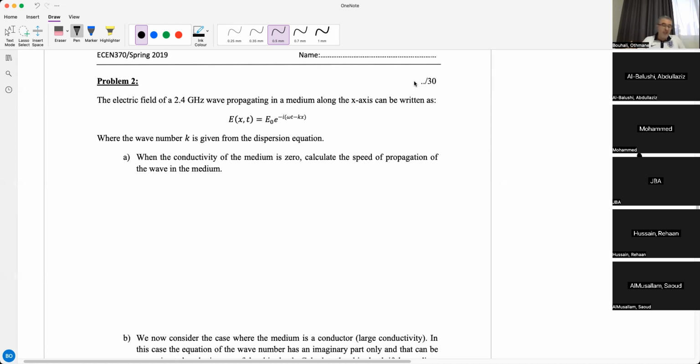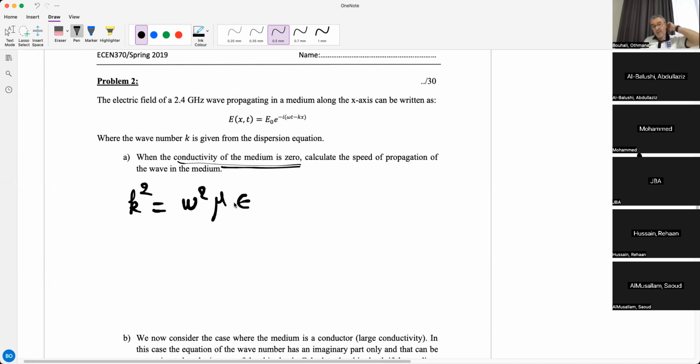The first part is about the dispersion equations. When sigma, the conductivity of the medium, is 0, which is a dielectric, we have seen that k squared is equal to omega squared mu epsilon.